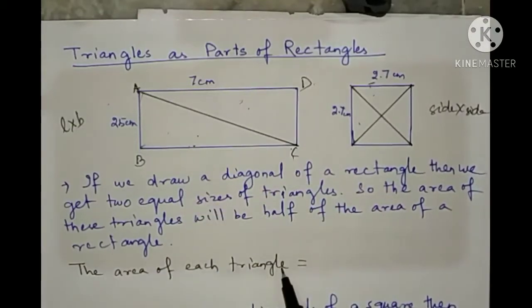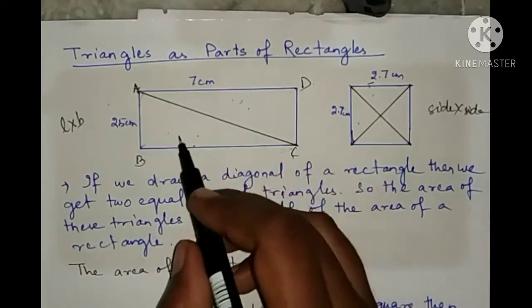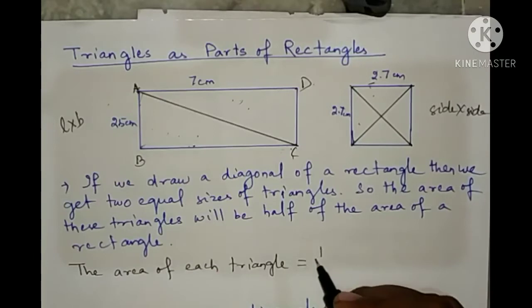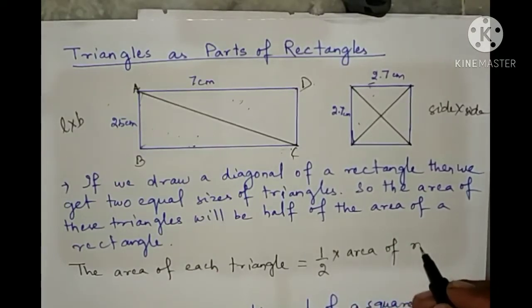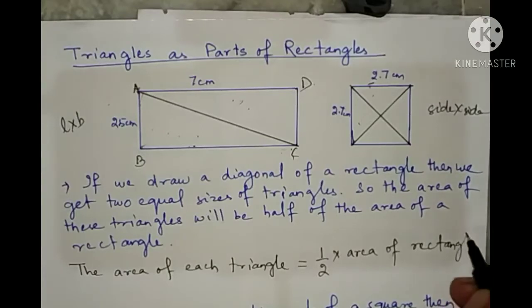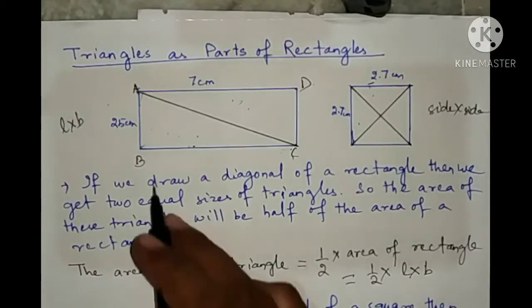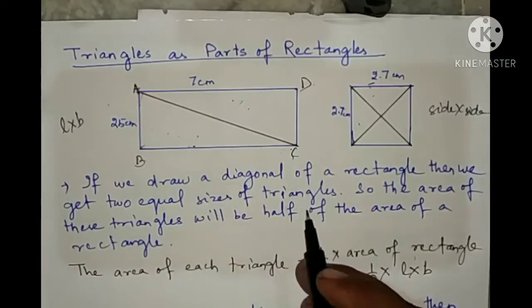So what is the area of each triangle? Half. This is half, this is half. So the area of each triangle is equal to half into the area of the rectangle, which equals half into length into breadth. This is the area of each triangle in a rectangle.